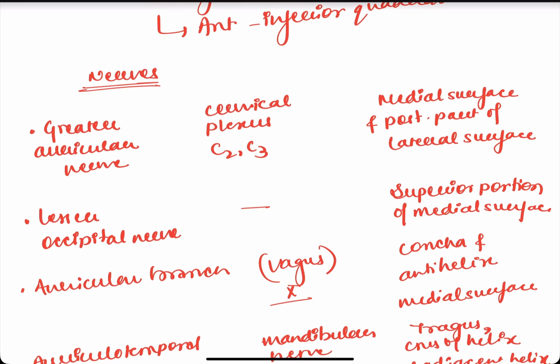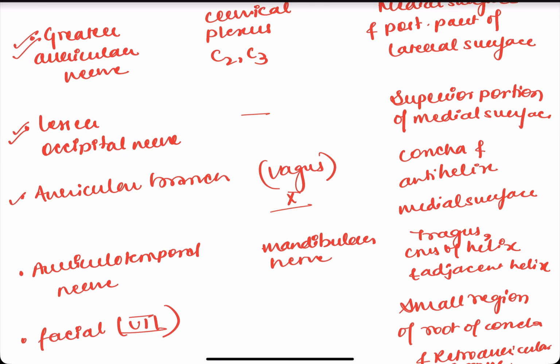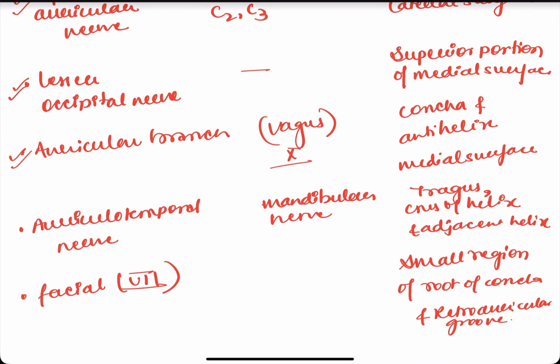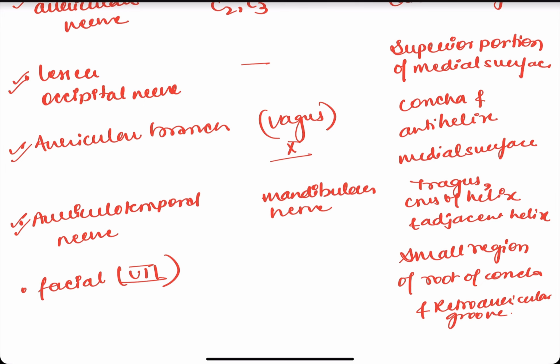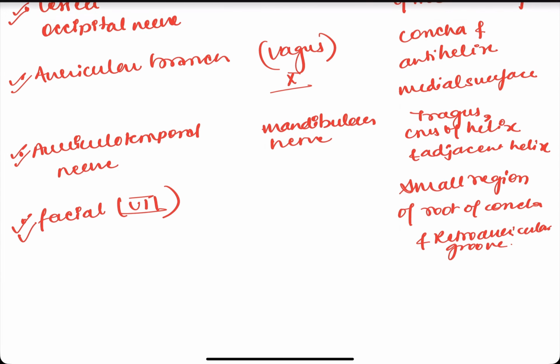First is the greater auricular nerve, next is the lesser occipital nerve, next is the auricular branch of the vagus nerve, next is the auriculotemporal branch of the mandibular nerve, and next is the facial nerve. So a total of 5 nerves supply our external ear.